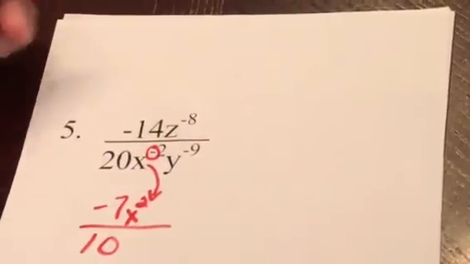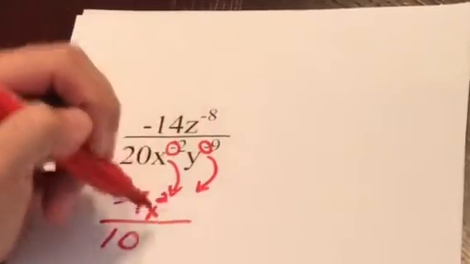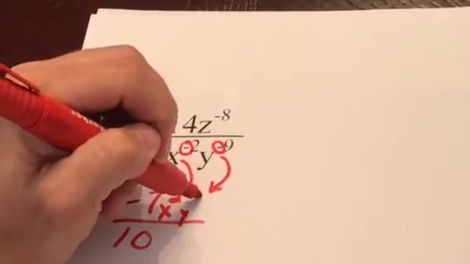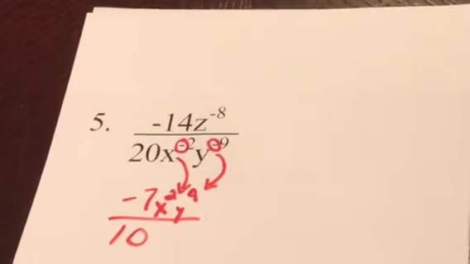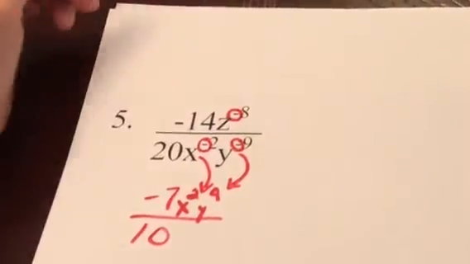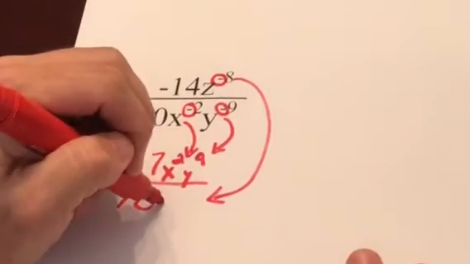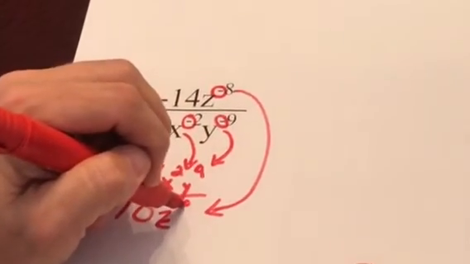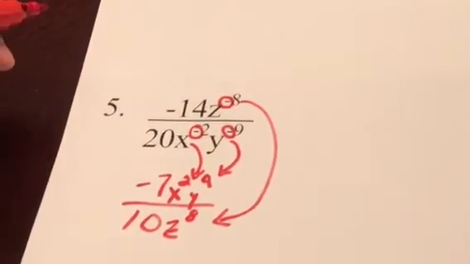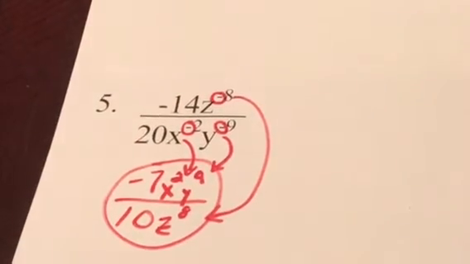Y to the negative ninth power, negative exponent, is going to move the y to the top and turn positive. Z to the negative eighth, negative exponent, is going to move the z to the bottom and turn positive. And we have our final answer for number 5.